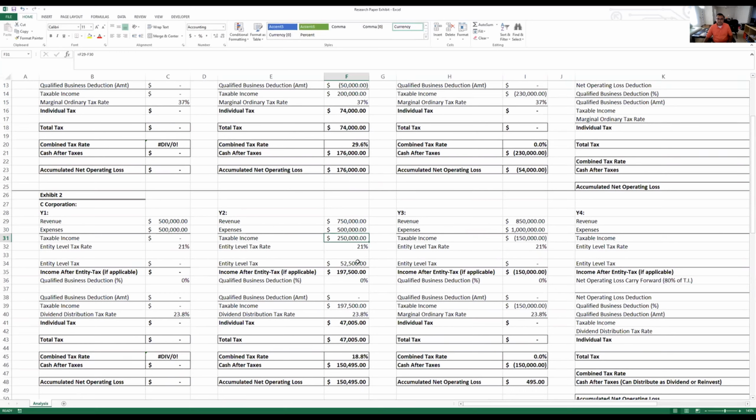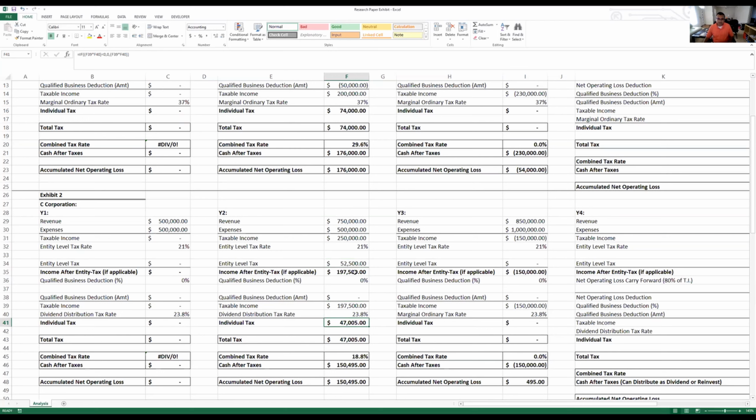I get basically what's called an entity level tax of 21%, which adds a tax of $52,500. So my income after tax becomes $197,500. But I don't only get no qualified business deduction. I also have to pay an individual tax because C corporations have what's called double taxation.